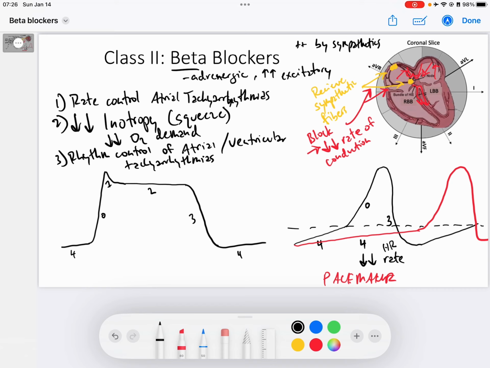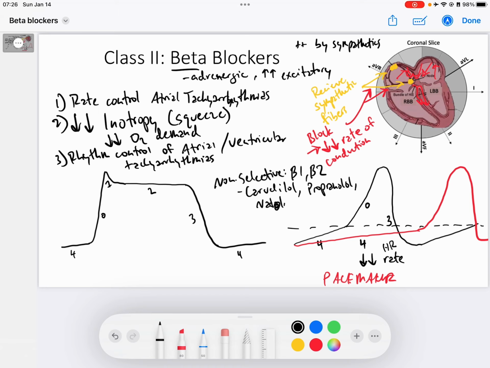Some of the beta blockers are non-selective, which means they block beta 1 and beta 2. Examples of these would be carvedilol, propranolol, and nadolol.